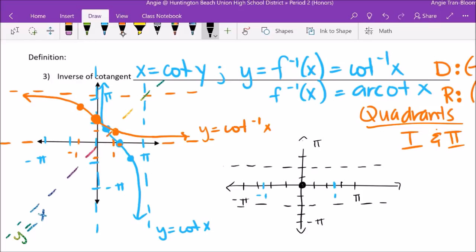Ben. 1, so -1, negative pi over 4. Yes, I will accept. Okay. Then 1 is positive pi over 4.